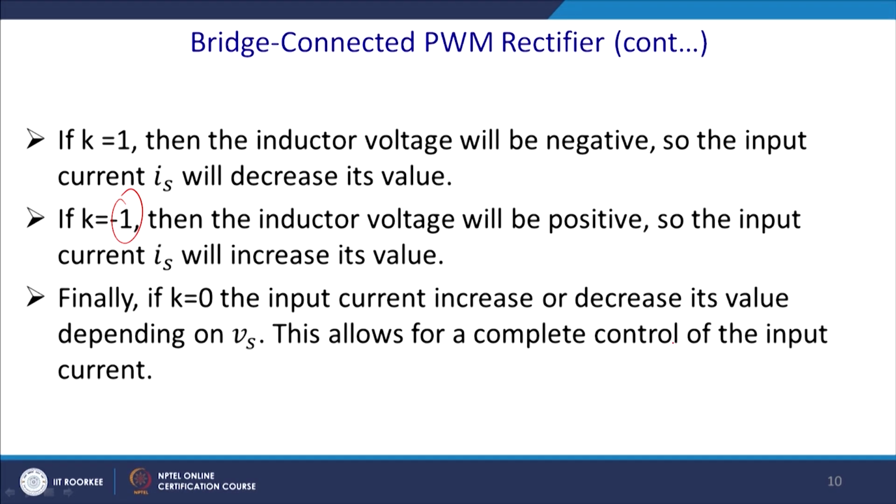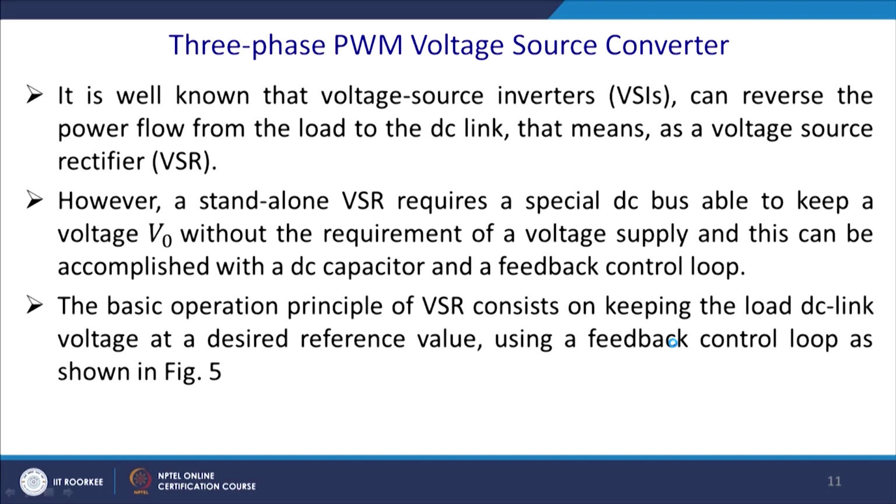So, we have talked about the single phase converter, now let us talk about the 3 phase PWM voltage source converter. It is well known that the voltage source converter VSI can reverse power flow from the load to the DC link, that means it works as the voltage source rectifier or VSR.